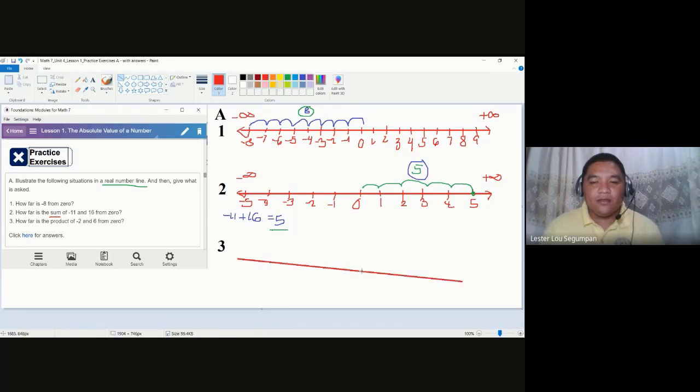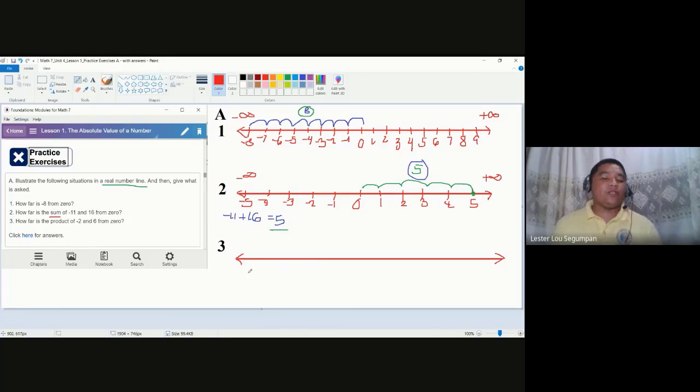Number 3, still on the real number line. Why do we always go back to the real number line when we talk about absolute value of a number? Do you know why? I'm going to tell you why. When we reach absolute value expressions, there might be some expressions that are too hard to comprehend, or it will just confuse you on what to do.